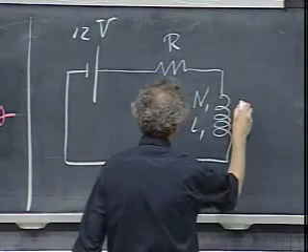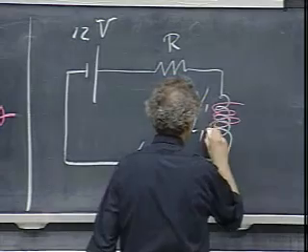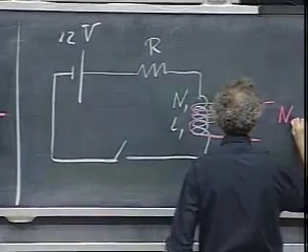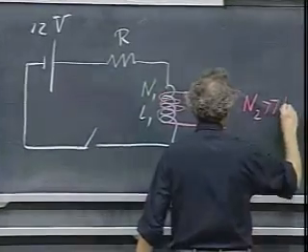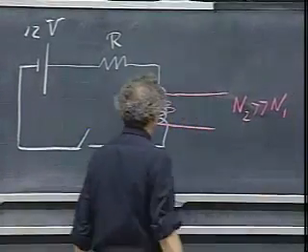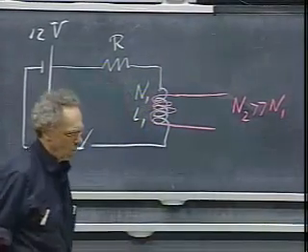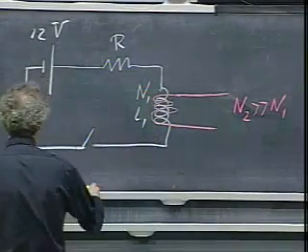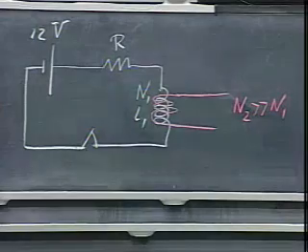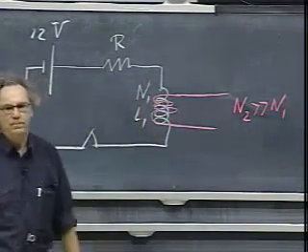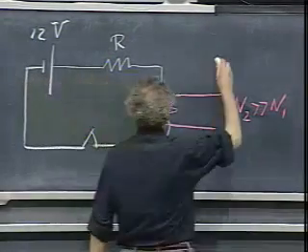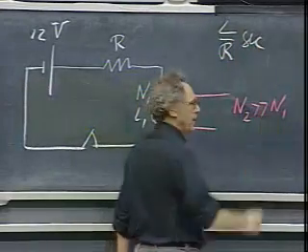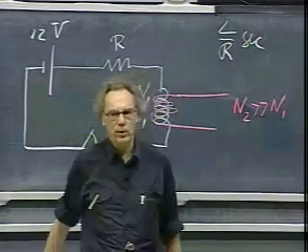And then I have here a secondary, where I have N2 windings, which is way, way larger than N1. I close the switch, a current is going to build up, and the time constant is L over R, seconds. We discussed that before. It's going to build up.